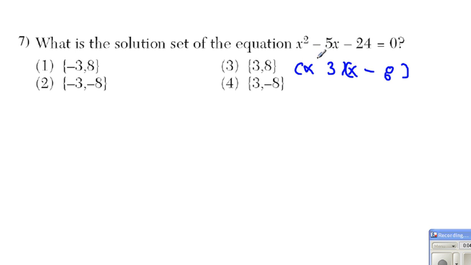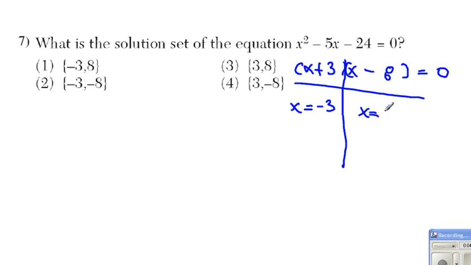The 8 can be negative because when they add up, it should be negative 5. That's equal to 0. That means we make a t-chart where x equals negative 3 here, x equals 8. That becomes our answer. So negative 3 and 8, choice number 1.